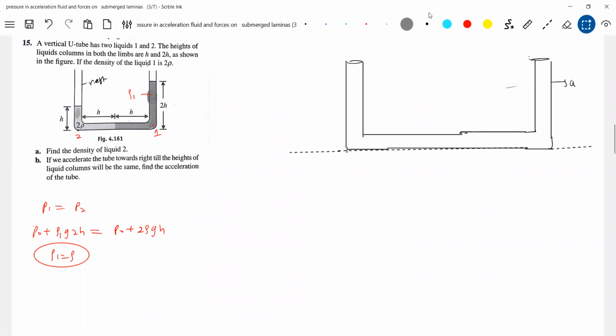Now get into this one. He himself is telling the level will be the same.